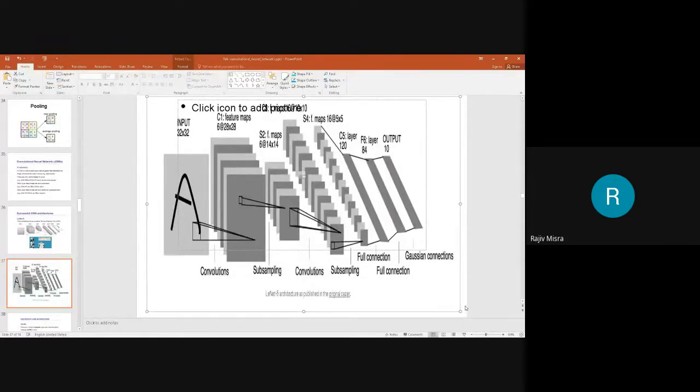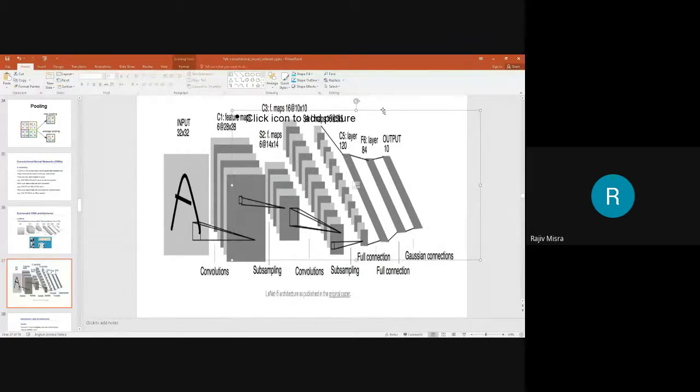This image is taken from the original paper. Let us understand this.